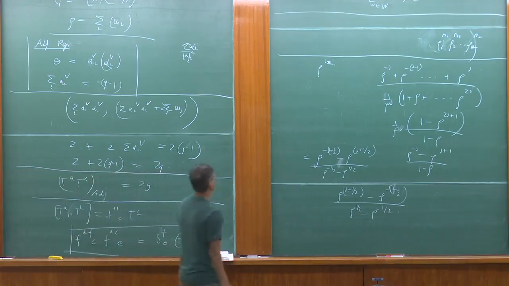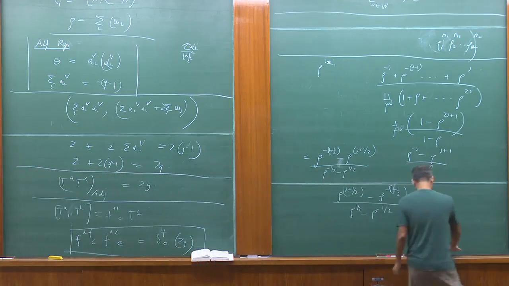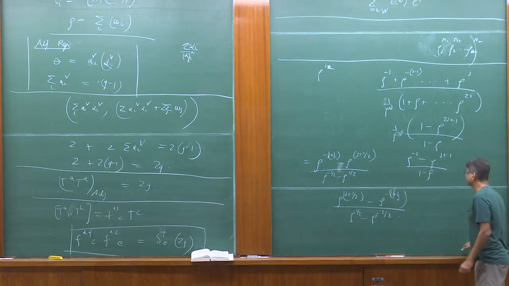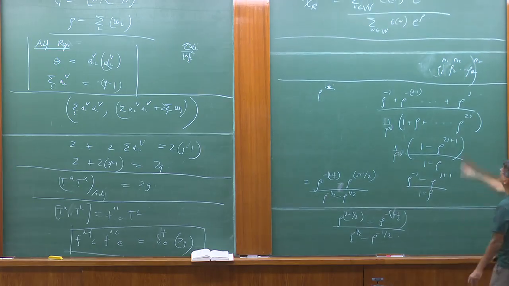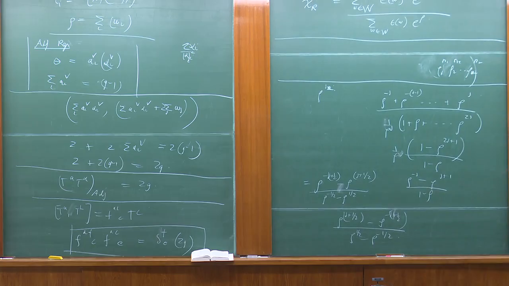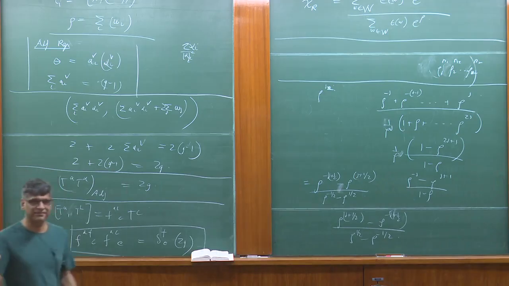Okay. Now, how is this related to this Weyl reflection formula? The denominator was this quantity, you see, because what was rho? It was the sum of all positive roots.